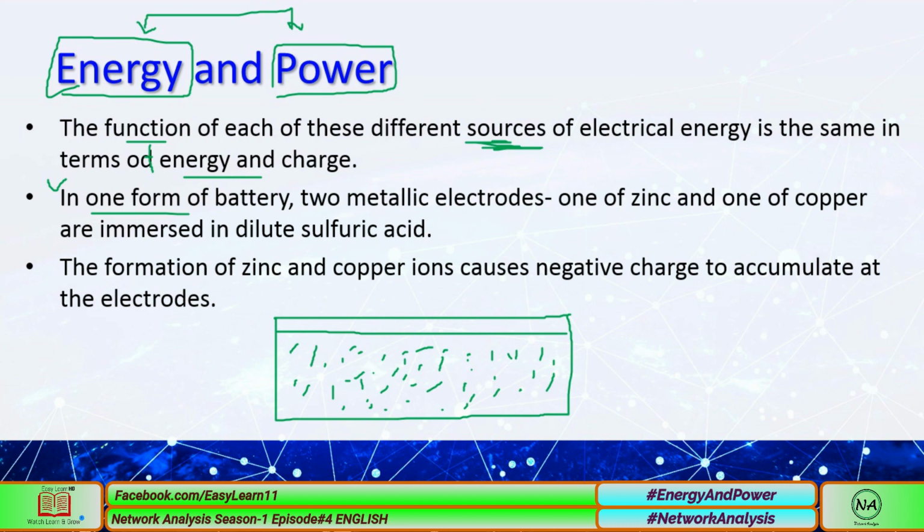Let's recap: this is an atom, and if it has two electrons, then there are two protons inside the nucleus, as I told you in the first episode, because the number of protons equals the number of electrons, so the atom as a whole is neutral.